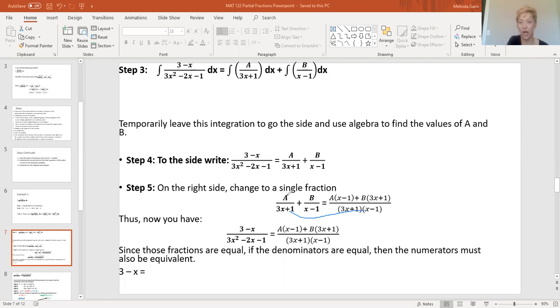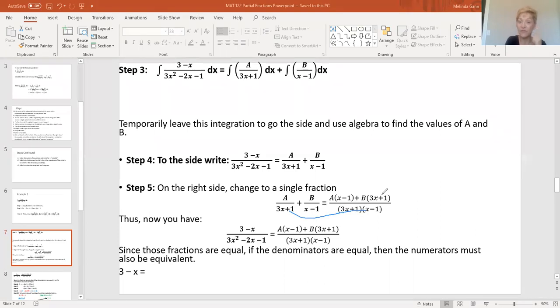So I've got to take this old numerator A and multiply by x minus 1. And then plus. And then what did you multiply x minus 1 by to get this denominator? Well, I must multiply this one by 3x plus 1. So I've got to take my old numerator B and multiply by 3x plus 1. So that's what step 5 means.